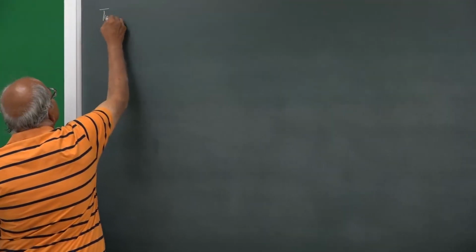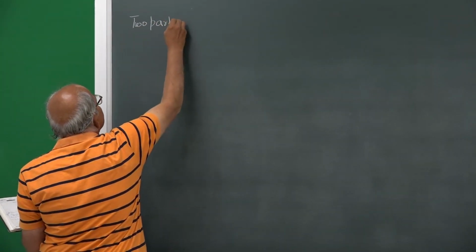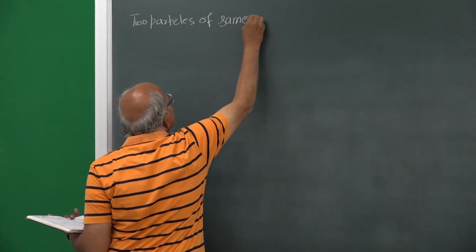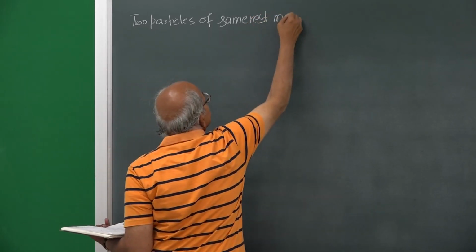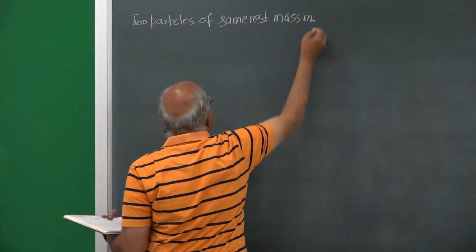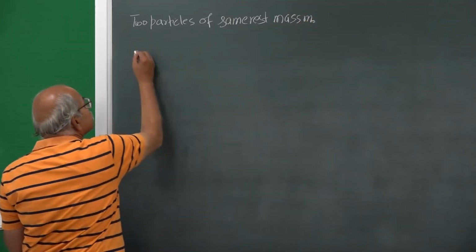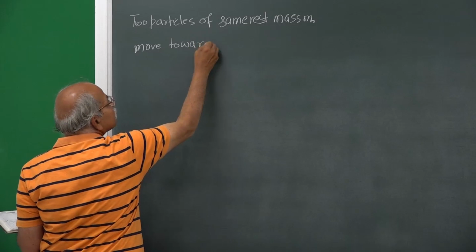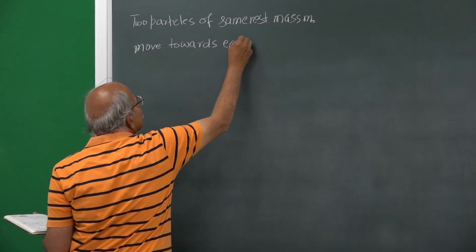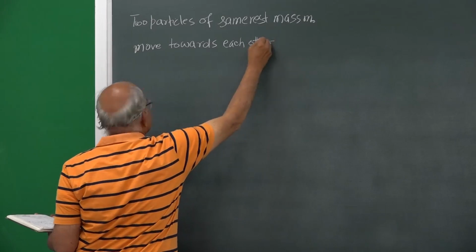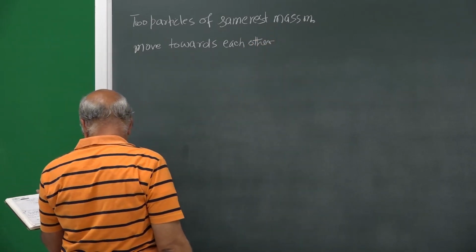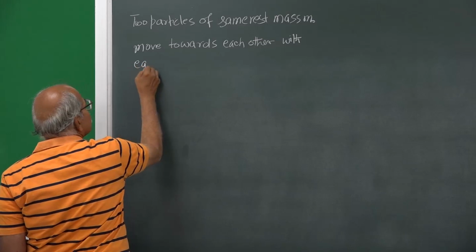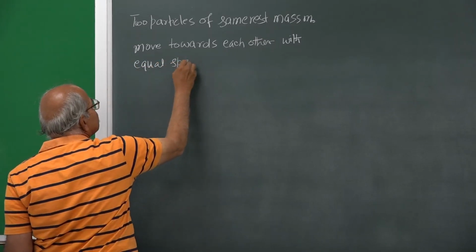The next question is: two particles of same rest mass m naught move towards each other with equal speed v.